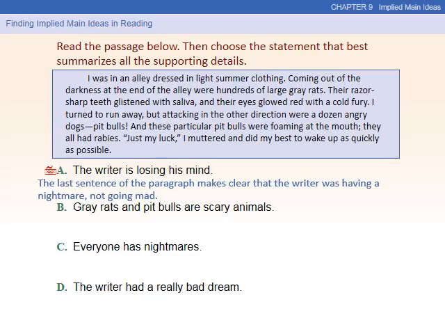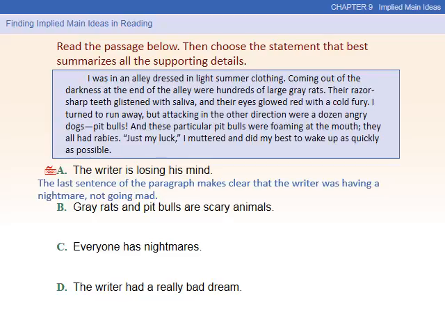Let's look at the next one. Gray rats and pit bulls are scary animals. Well, that's definitely true, right? It says their razor-sharp teeth glistened with saliva, and it says the pit bulls were foaming at the mouth. But we need to ask ourselves: is this the main idea of the whole thing?